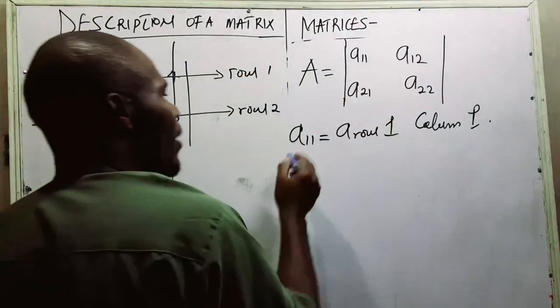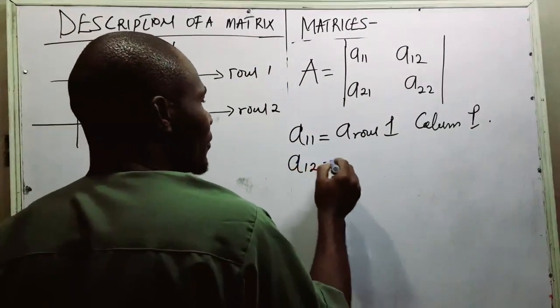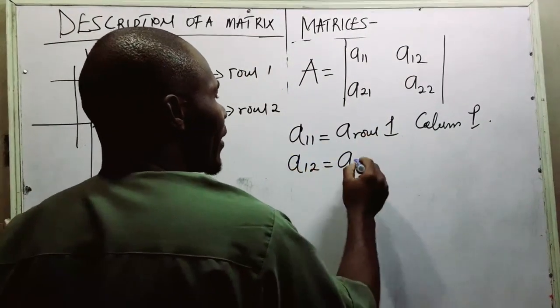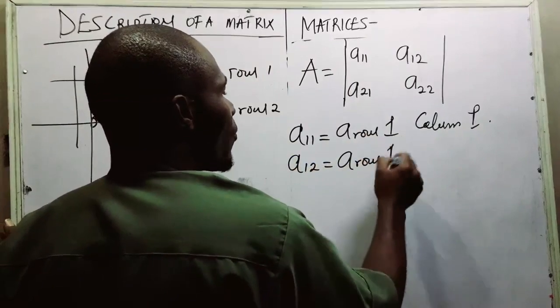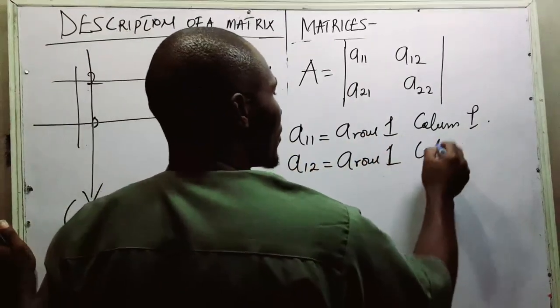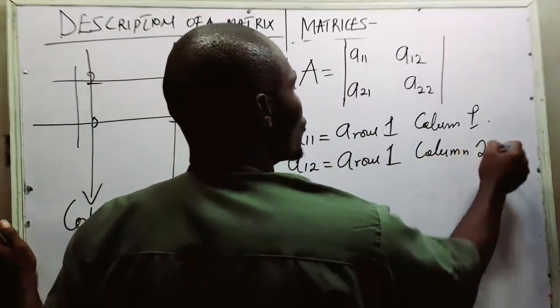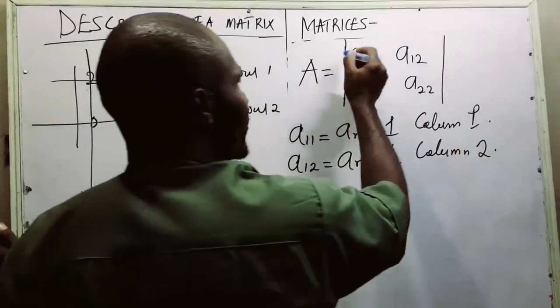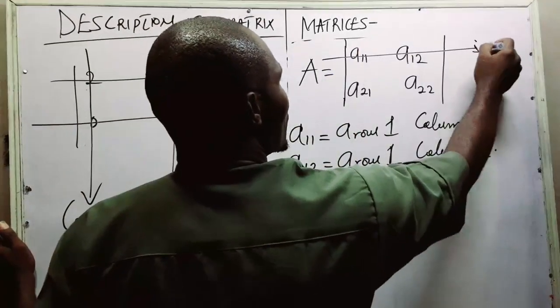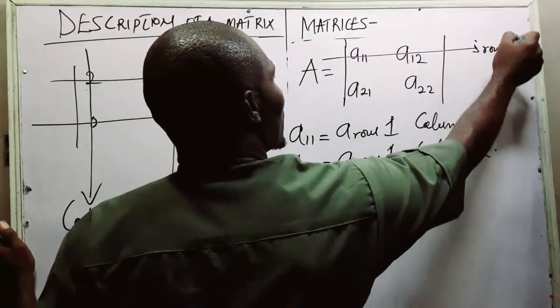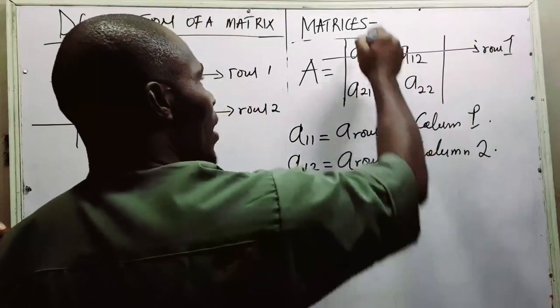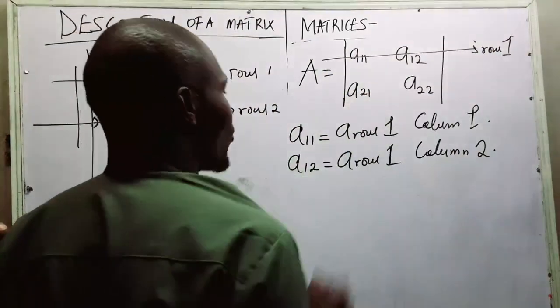Another, the A12, we call it A row 1 column 2, because it falls in row 1, column 2.